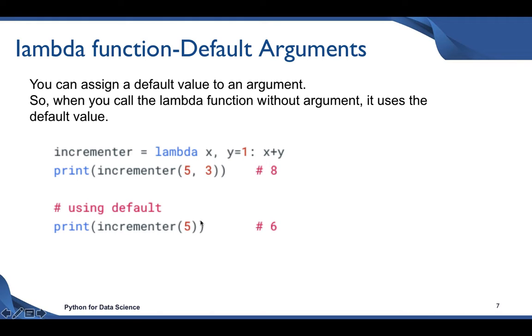Then we could also specify default arguments, right? This we have already seen when we were doing the functions lecture. If you don't pass anything to our argument, then it will take the default argument, and if we pass some value, that value overrides it, right?